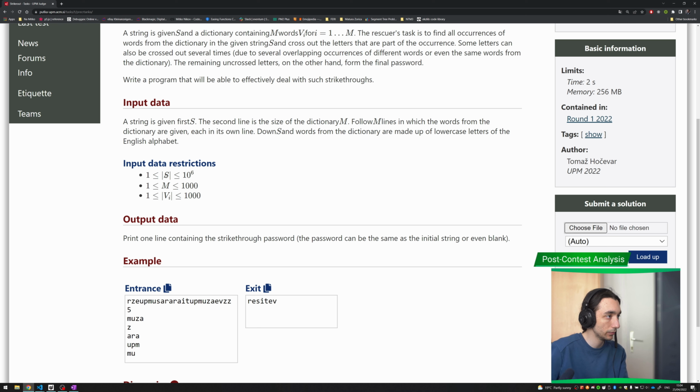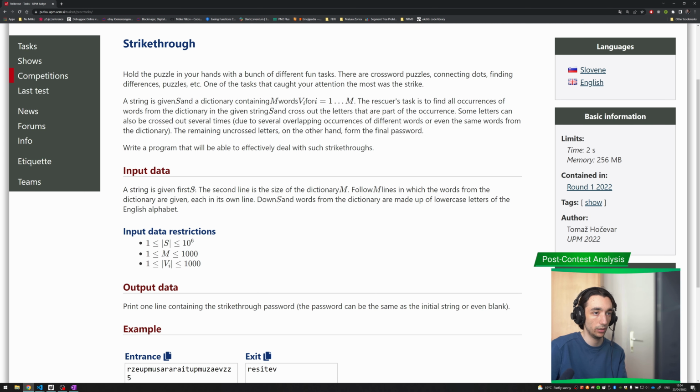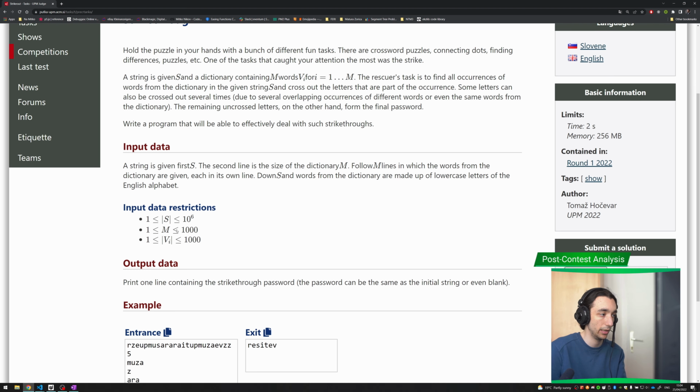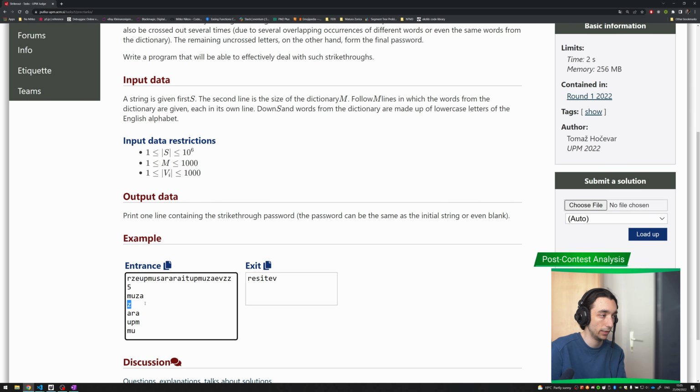Now the string is very long, it's 1,000,000 characters, and the dictionary is 1,000. So what I suppose a lot of people did is just ran KMP on every one of the words of the dictionary, ran KMP 1,000 times, and when you find the word, you have some interval and you strike out that word.